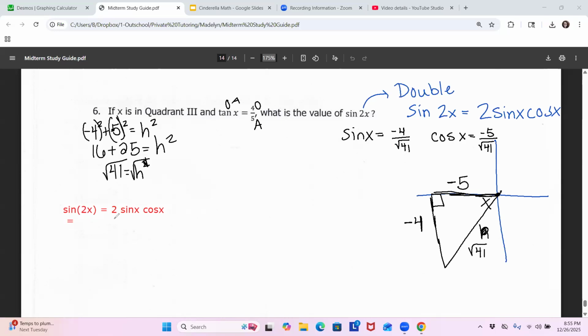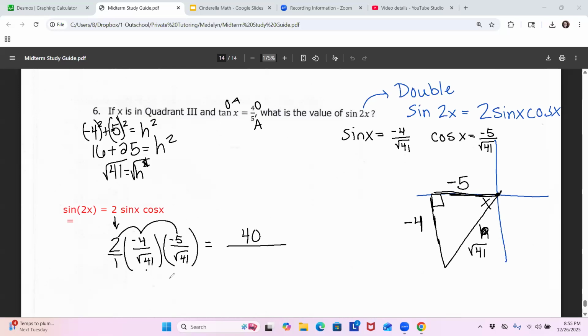And again, we're going to leave that on the bottom for now. So coming to this red formula, we're going to do 2 times the sine, negative 4 over root 41, times the cosine, negative 5 over root 41. There's an invisible 1 if you need it. Go right across the top. So 2 times negative 4 times negative 5 would be 40.